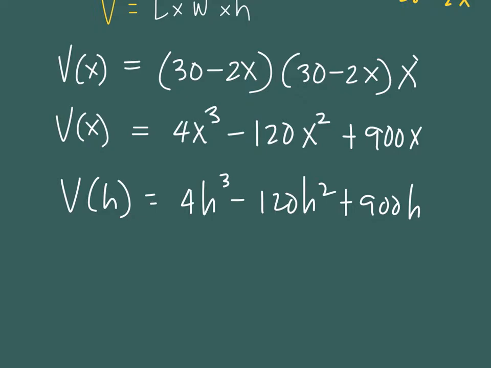Okay, so how do we inject the concept of derivatives in this problem? We have to get the first derivative. Some of you already know the process, like we have to first find the first derivative. But we want to go deeper into the process. Why is it that we are getting the derivative?